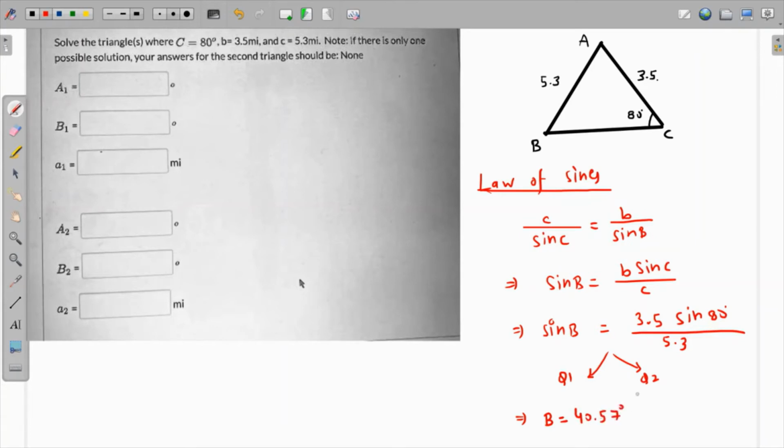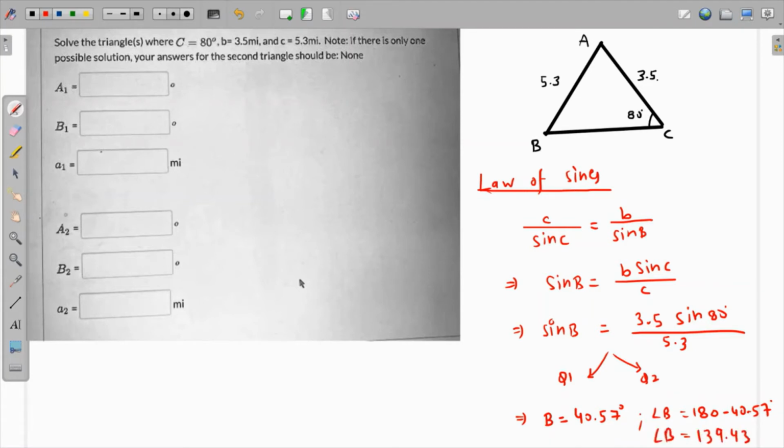And another angle, like I said, is going to be 180 minus this value because that's in quadrant 2, that's an obtuse angle. So 180 minus 40.57 is 139.43.